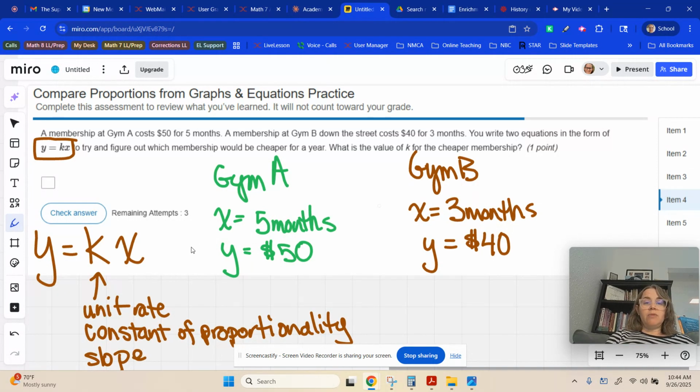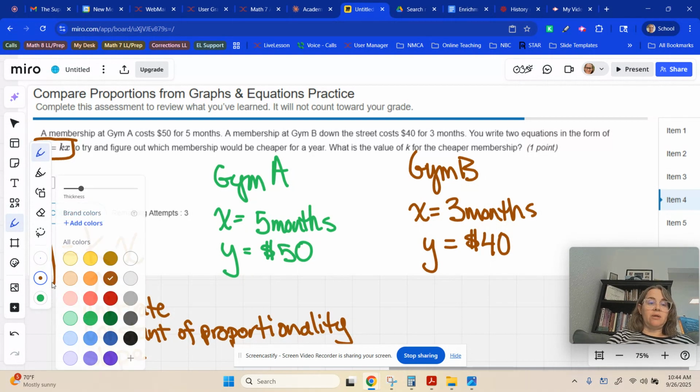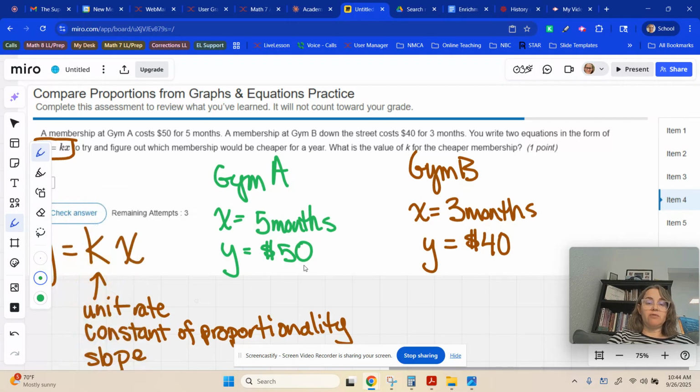Okay. So for Gym A, what we're going to have here is y equals kx, but we're going to substitute in 50 for y, k we don't know yet, and then 5 for x. Kx means k times x, by the way.